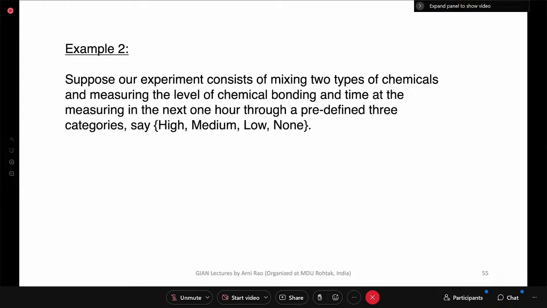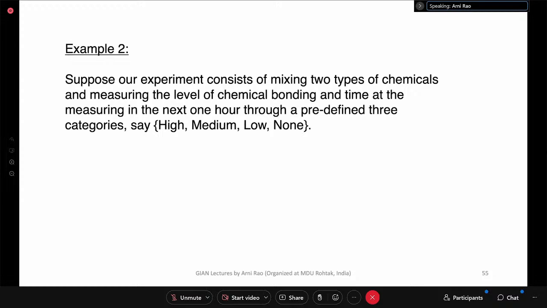There are different categories: high level of bonding, medium level of bonding, low level of bonding, and none. So the experiment is mixing 2 chemicals, a chemical experiment: you mix two chemicals and measure the bonding. During the next 1 hour, you see what the level of bonding is.